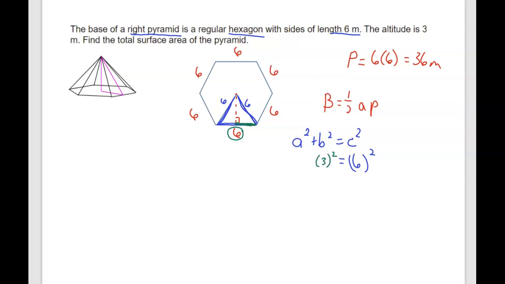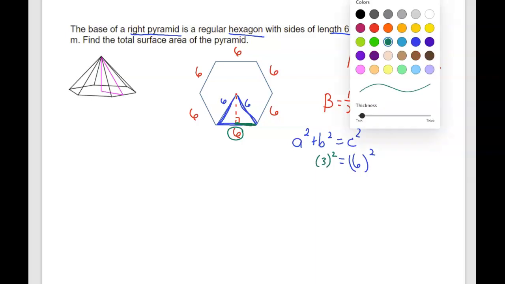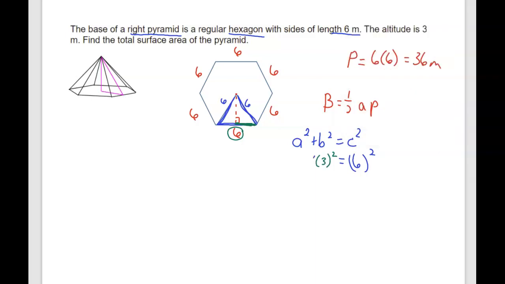So I have 3 squared, and I'm going to solve for that apothem. 3 squared is 9, 6 squared is 36. I'm going to subtract the 9 from both sides and I get 27. Then to get rid of the square, I take the square root of both sides.